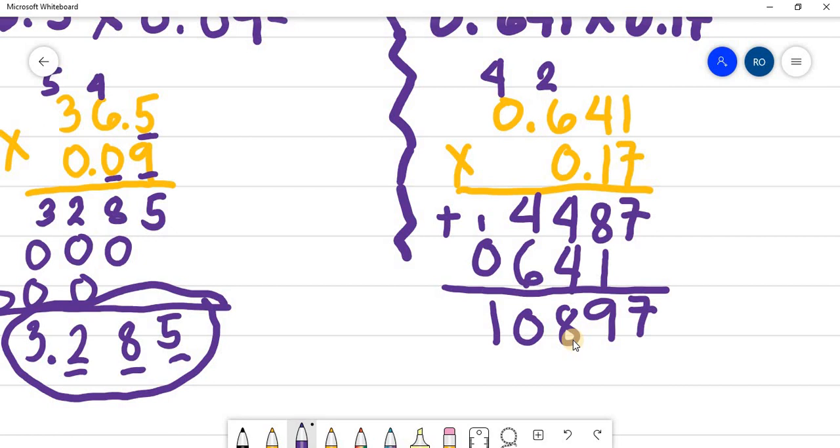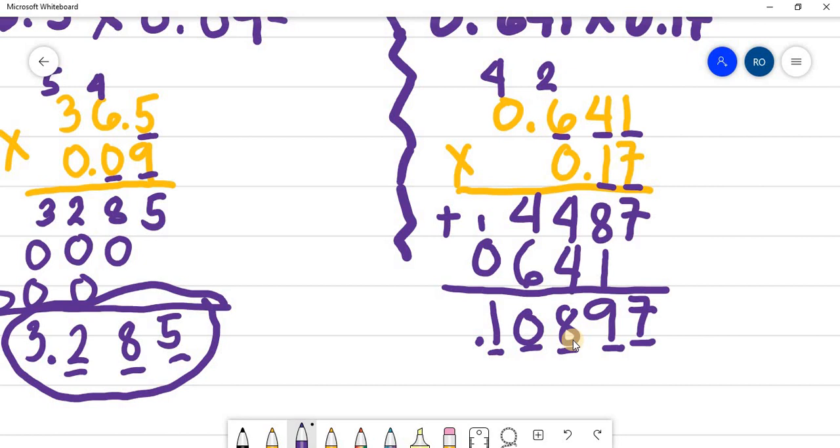This time, let's count the total decimal places. The first given number has 1, 2, 3 decimal places. The second number has 1, 2. So the total number of decimal places is 5. Our product must have 5 decimal places. We count 1, 2, 3, 4, 5, so we are expecting our decimal point to be here.